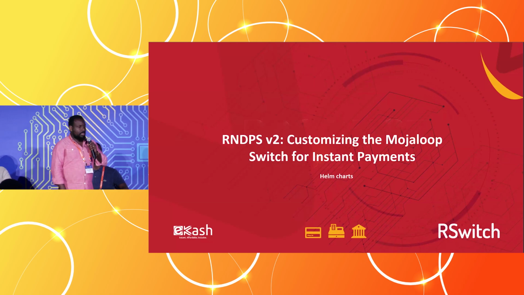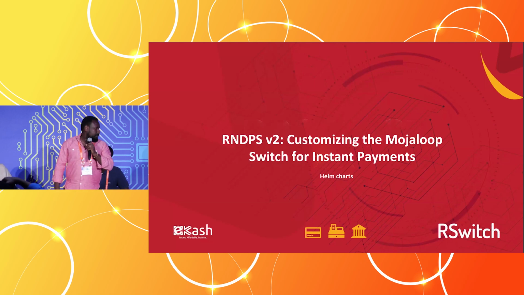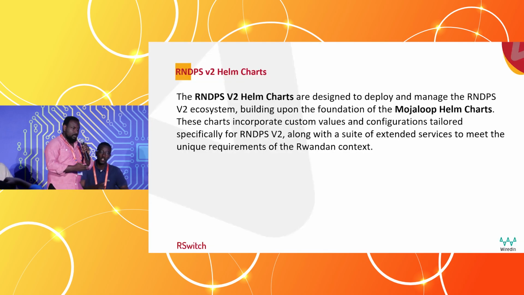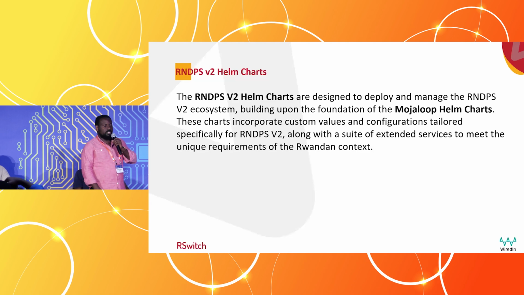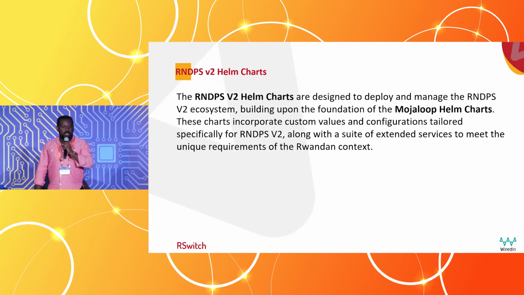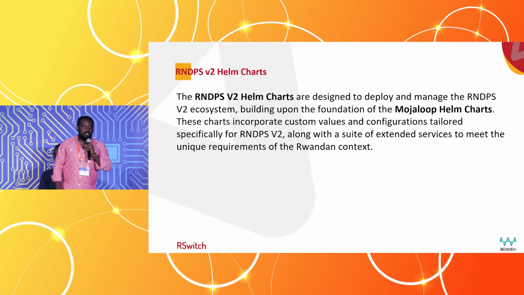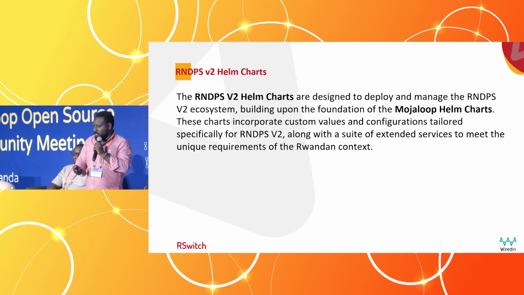And the third reason is to make sure we have a release which is production ready. So those are the three reasons behind creating the RNDPS V2 Helm charts. In the following slides, I'll be going through with you the modifications and enhancements made to have RNDPS V2 Helm charts.